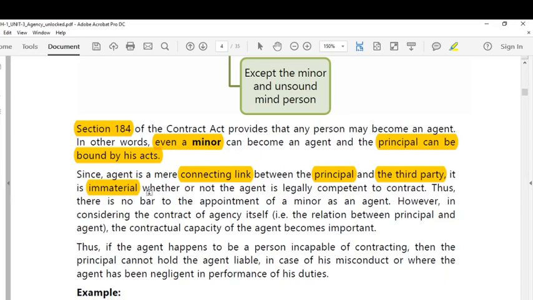He is going to be the link between the principal and the third party, and thereby the privity of contract arises between the principal and the third party. So that is the reason there is no bar to appoint a person who is a minor as an agent as per section 184.